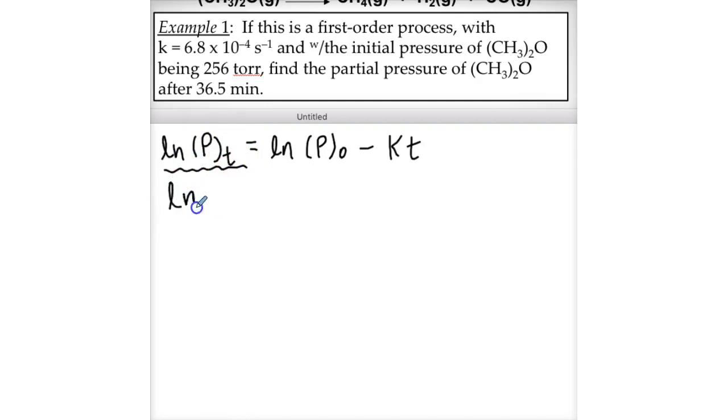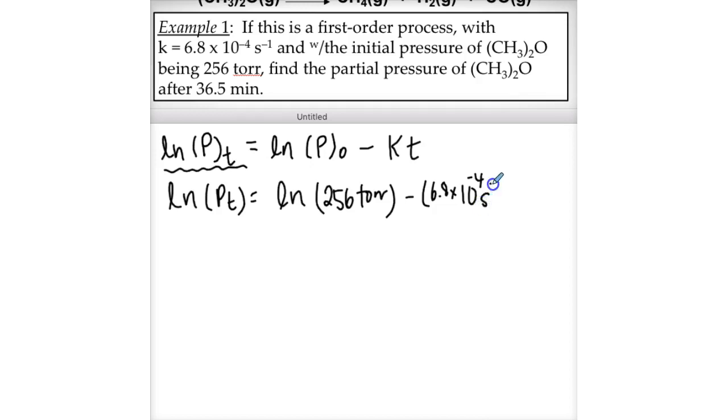So what we do is we plug in numbers. Natural log of the initial pressure, which says that the initial pressure is 256 torr, minus k, which is right there, and the time, which is 36.5 minutes.